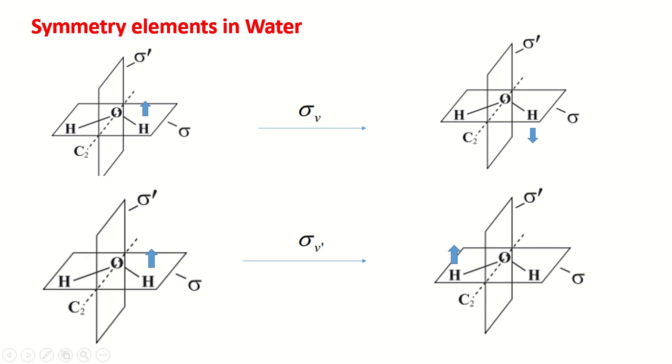Now we need to apply sigma, then C2. What will happen if we apply C2 to this molecule? It's your choice, you can rotate it clockwise or anti-clockwise.